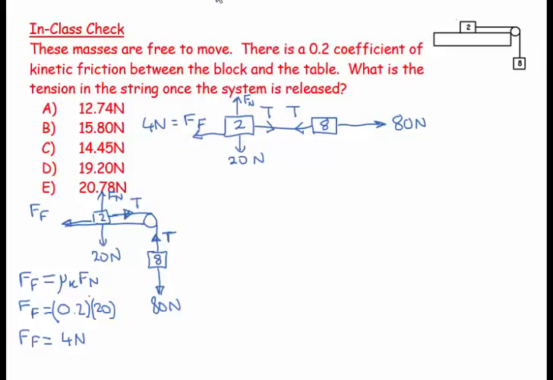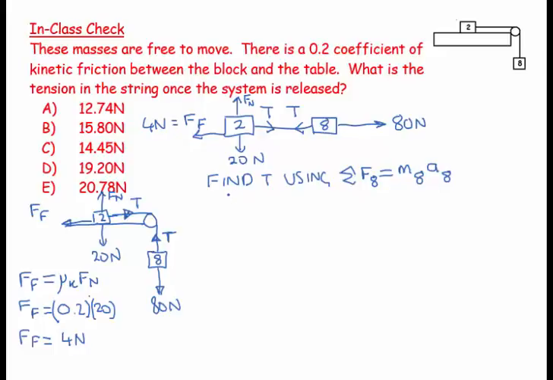So let's find T using the sum of the forces on an object or a system of objects. I got a choice. I can pick the 2, I can pick the 8. Doesn't matter. Let's pick the 8. The sum of the forces on the 8 is equal to the mass of the 8 times the acceleration of the 8. That's a little bit of subscripting I made up. You can make up your own subscripts. That tells me I'm dealing with the 8.